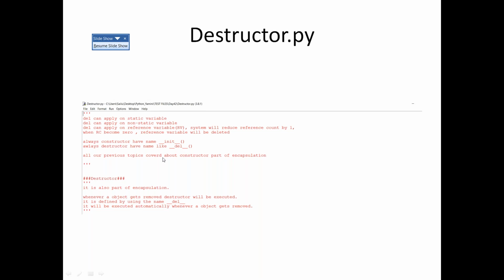All our previous topics covered the constructor part of encapsulation. If you remember, when I started the OOPS concept, there are 4 features. Out of the 4, the first feature is encapsulation. The concepts I explained from day one of OOPS till today, including destructors, are part of encapsulation: collecting the data and the procedures or methods together is what we call encapsulation.